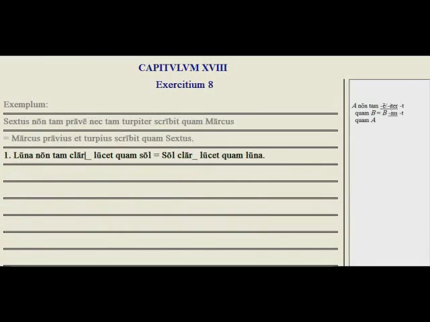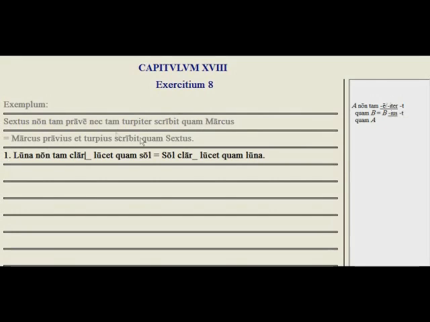Exercise 8. Here we have the difference between, well, we'll read the example. Sextus does not write as incorrectly nor as ugly, in an ugly way, as Marcus does.